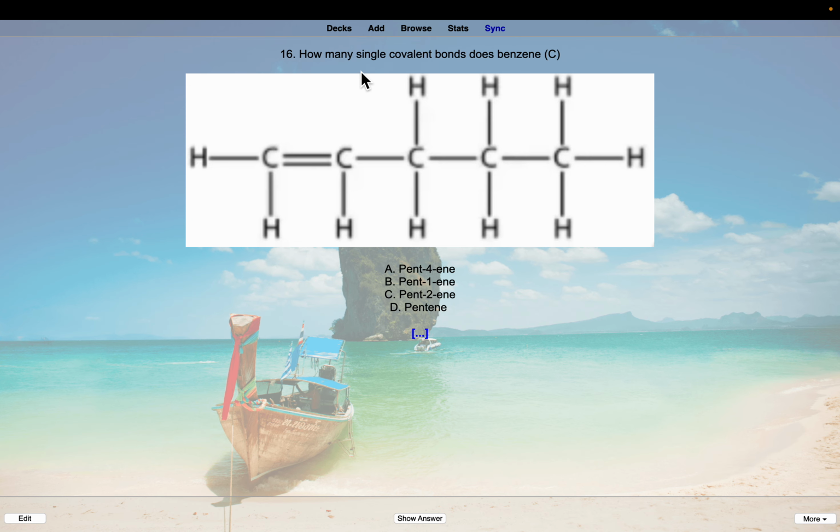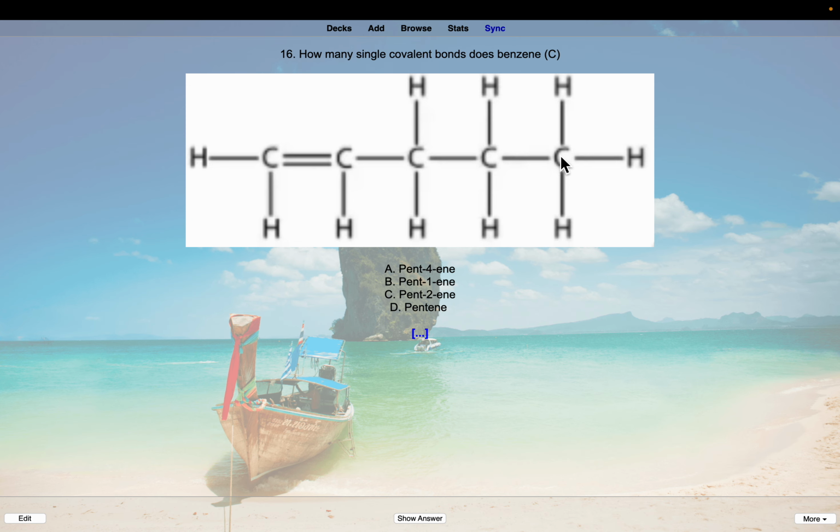How many single covalent bonds does benzene C have? Wait, I'm not sure how the question relates to the choices and what we have to look for. So basically, I think we just have to identify the name of the structure. So let's count how many carbons there are in the parent chain or the main region. 1, 2, 3, 4, 5. So we have 5, obviously.